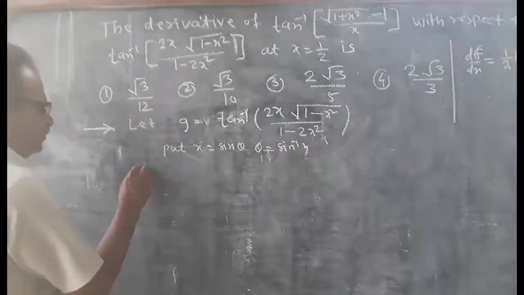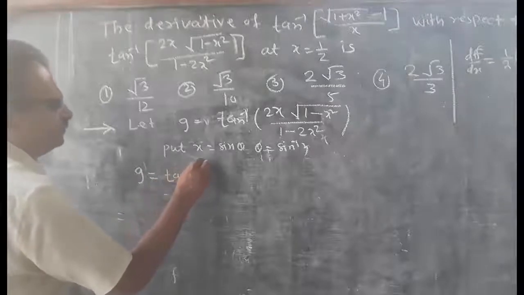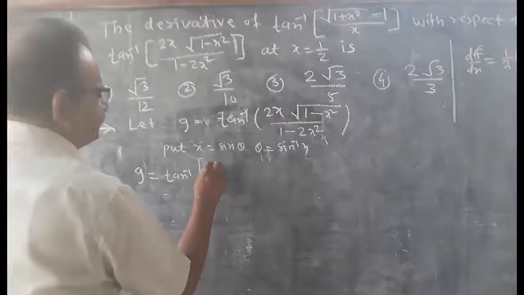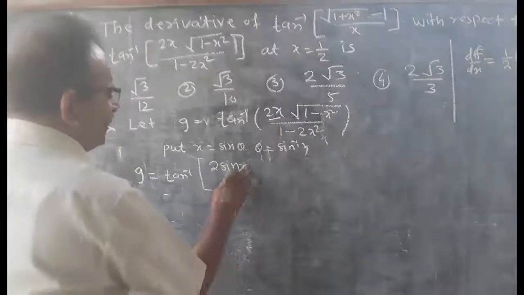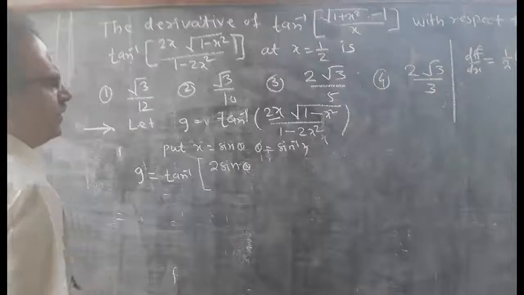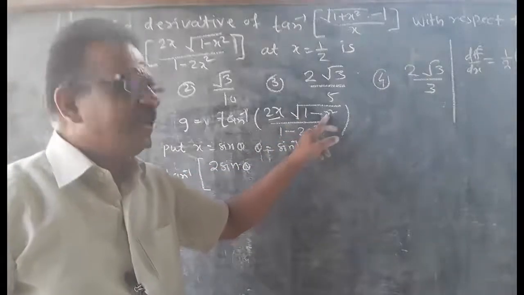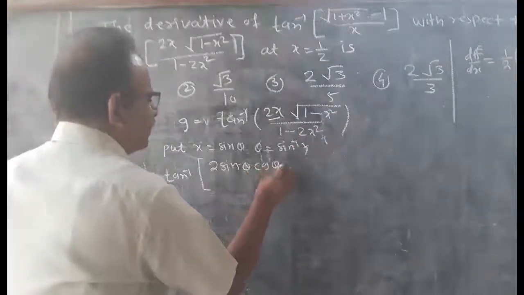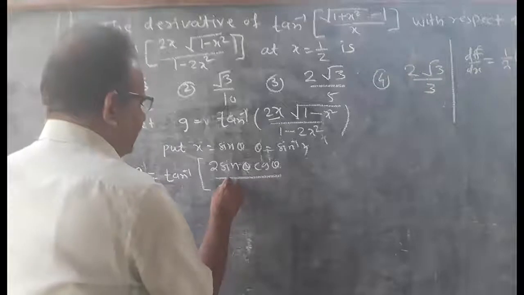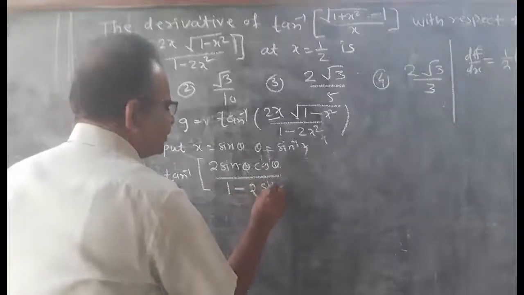Therefore, g becomes now tan inverse of 2 into sin theta, into root of 1 minus sin square theta. 1 minus sin square theta is cos square theta, and root of that is nothing but cos theta. Therefore, 2 sin theta cos theta divided by 1 minus 2 sin square theta.